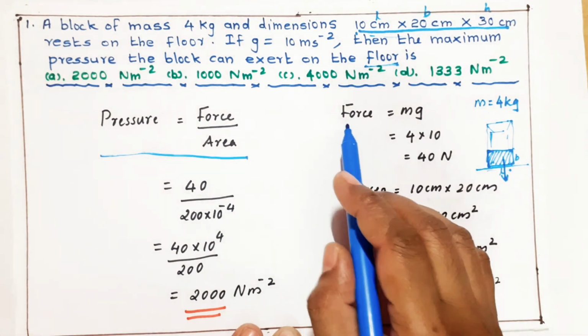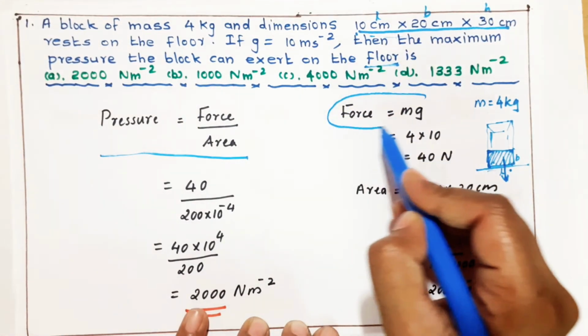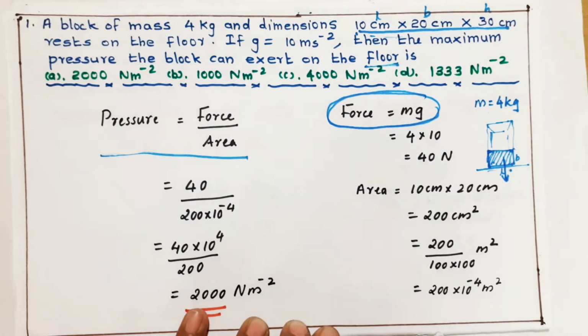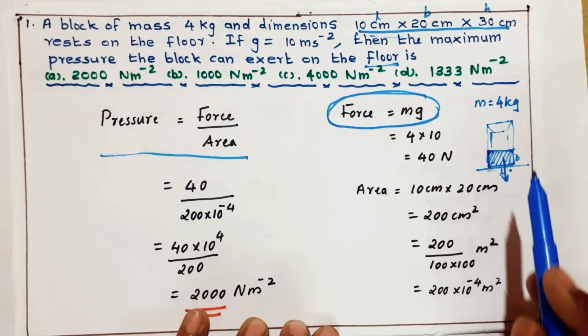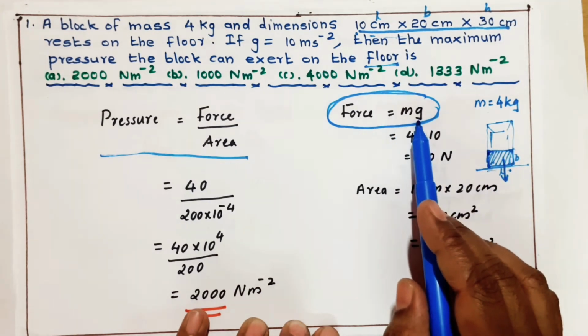So I can write the force is equal to mg. This is a main equation you have to remember. This force is also called weight. So when the block is lying on the floor, what is the weight of the block? That is m into g.